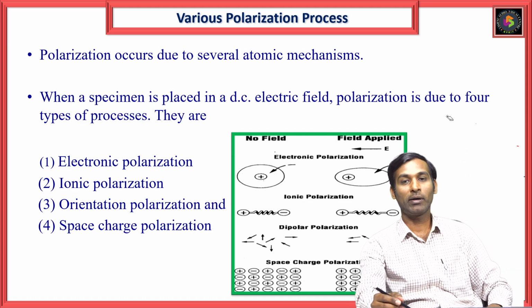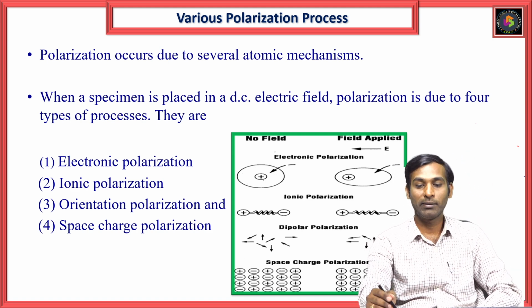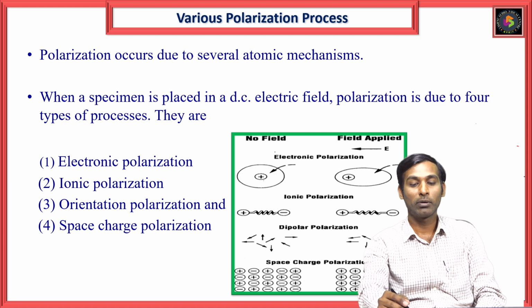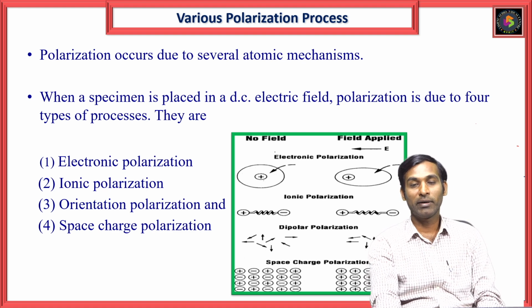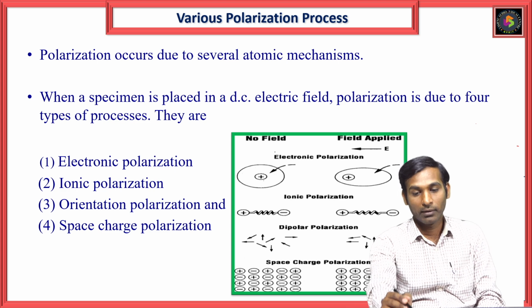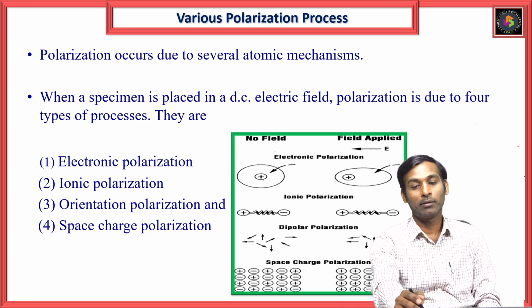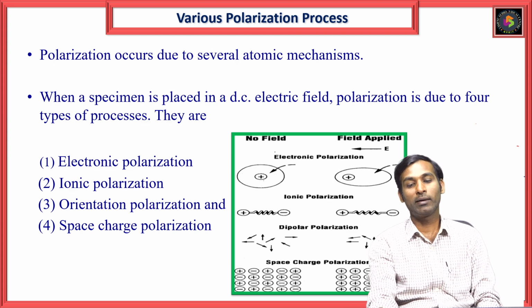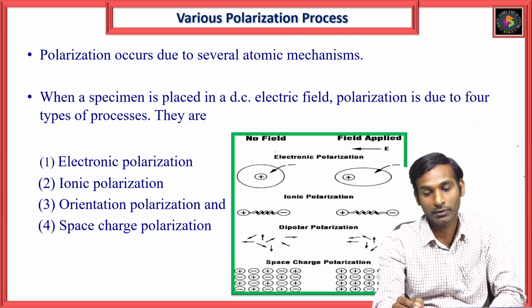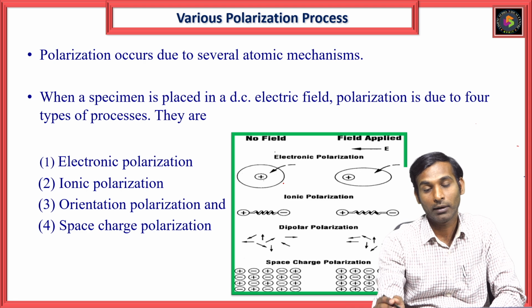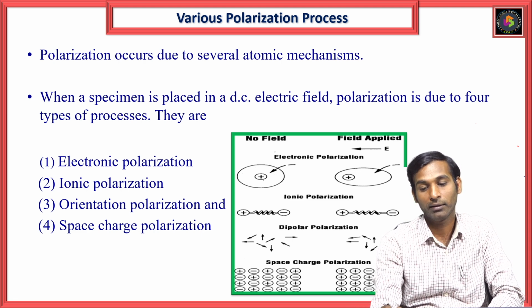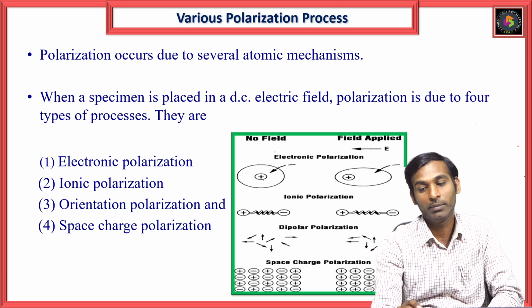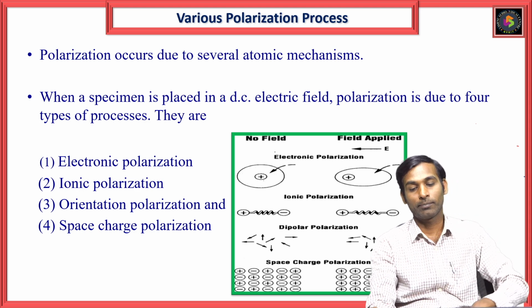You can see the diagram. We are taking different types of polarization: one is electronic polarization, one more is ionic polarization, one is orientation polarization, and the last one is space charge polarization. In this category, we can see the structure with the applied electric field intensity. Once you apply the external electric field, the unpolarized atom will be changed into a polarized atom.